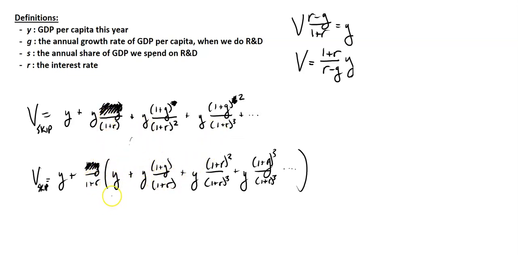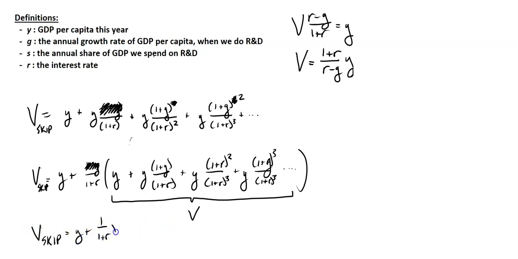But as we've discussed, everything inside here we haven't touched yet, and previously we said that was equal to V, okay? So we've shown that you can write the value of skipping a year as equal to Y plus 1/(1+R) times V, which is the future value of GDP if you don't skip.